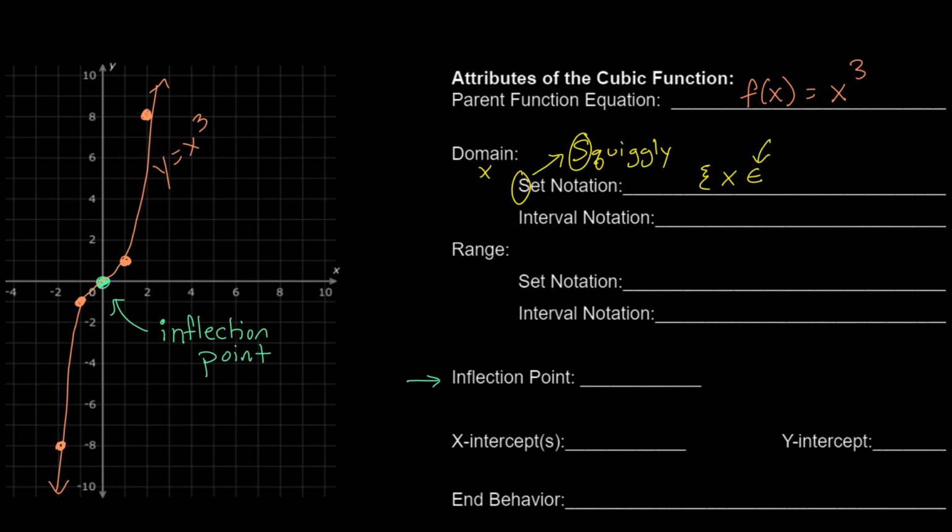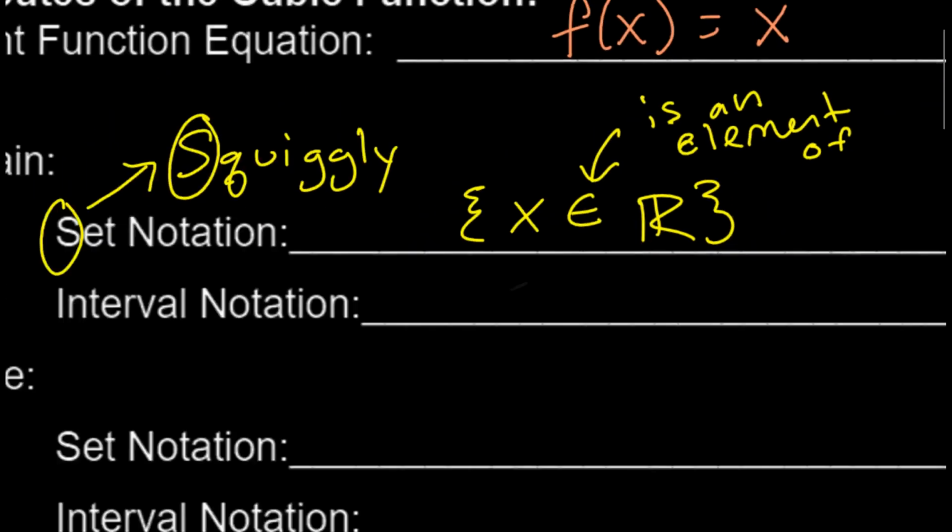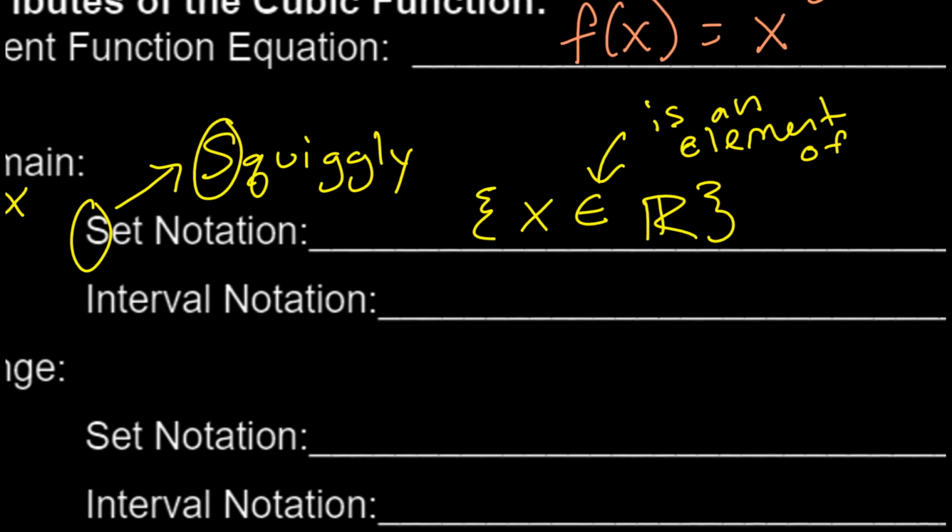This epsilon E means is an element of. All real numbers. And squiggly. Oh, that's really small for you. There we go. Is an element of.